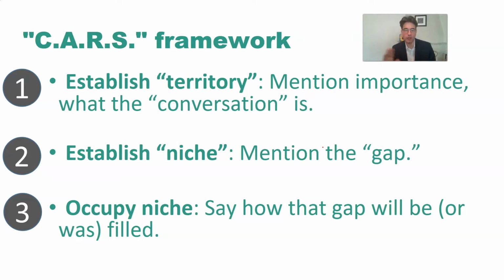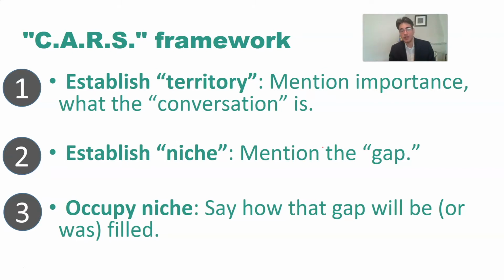And remember the vacuum cleaner anecdote, that the greater the problem, the more pressing the issue, the easier it will be to sell whatever position you're taking, whatever data, whatever problem you're aiming to solve through your research. That territory is key. So establishing the territory is often the first move that an author will make, establishing the importance of the topic, the conversation you're entering.